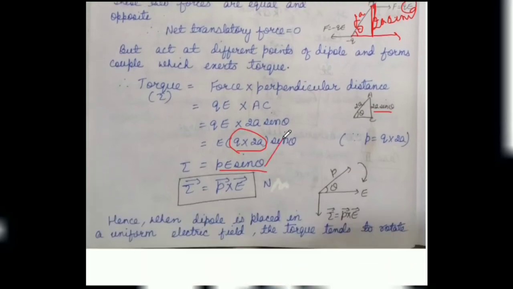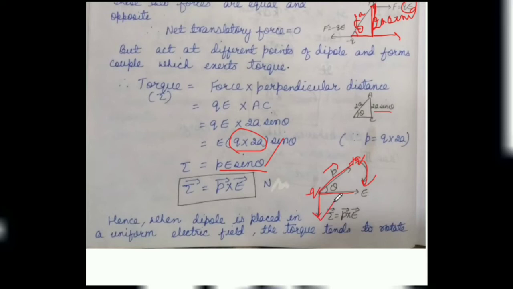And in vector form, you can write torque, it is a vector quantity, as P cross E, which has magnitude P E sine theta. And what does it mean? What is the direction of this torque? P cross E. It means the dipole tries to orient from P in the direction of E. So here is the negative charge, right? Here is the positive charge. So this is the direction of dipole moment right now, and this one is the direction of electric field, and this dipole tries to orient, P cross E means from P to E, and perpendicular to the P to E plane is this one.